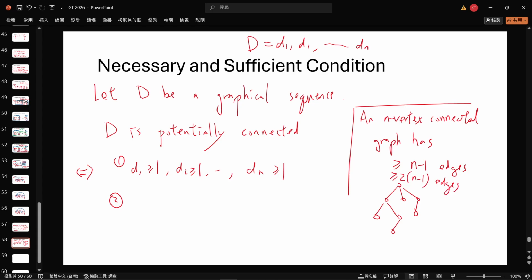So 2 times m minus 1. So this means d1 plus d2 up to dn is at least 2 times m minus 1.